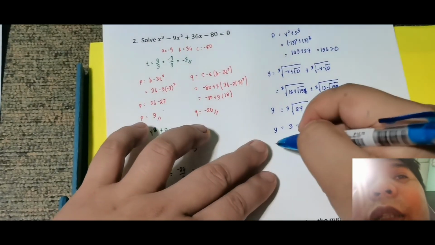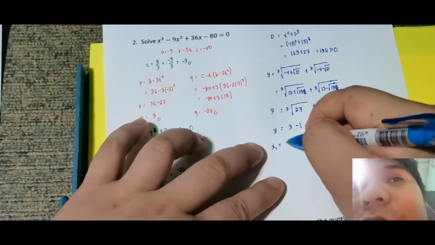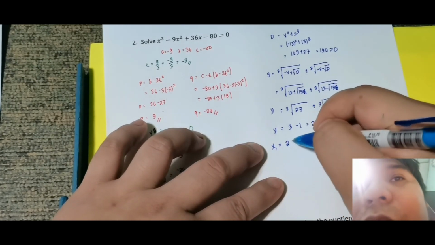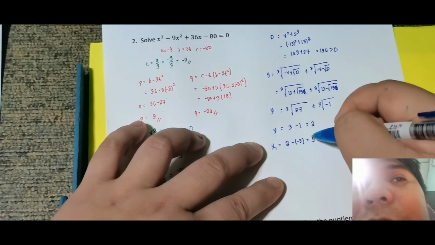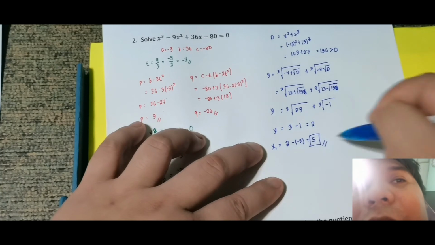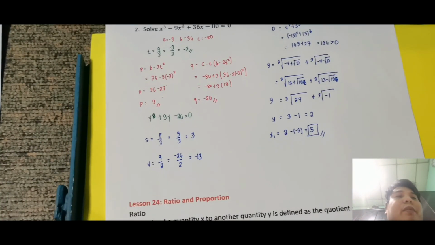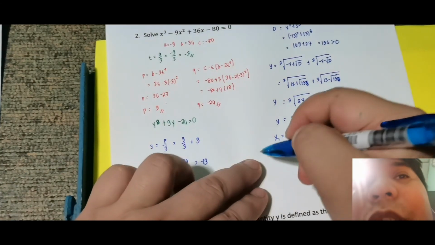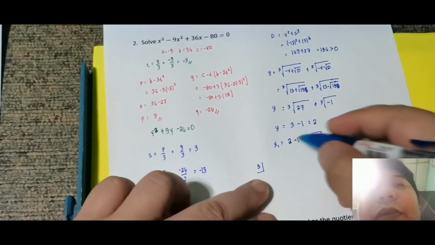Therefore, what is x sub 1? X sub 1 is equal to y minus negative 3, which is equal to 5. So nakahanap ako ng value ng ating x sub 1. Next is proceed tayo by synthetic division. Lagay mo si 5 dito, syempre. Lagay yung mga coefficient nun.